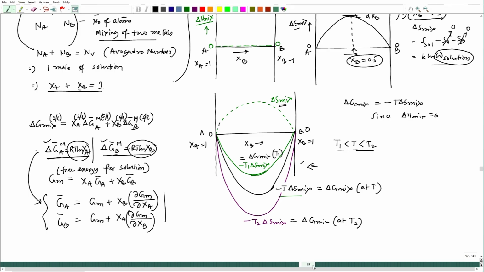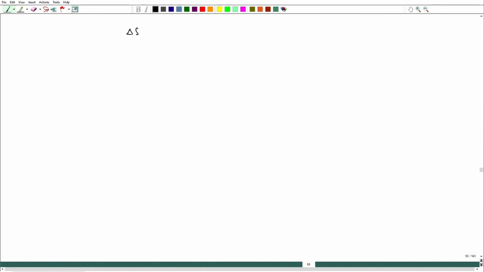In order to do that, we can go like this. Delta G mix equals X A delta G bar M A plus X B delta G bar M B. Let us call this equation 1.